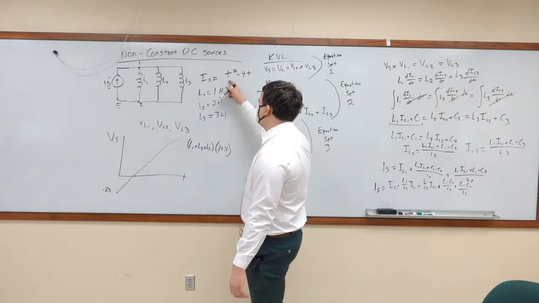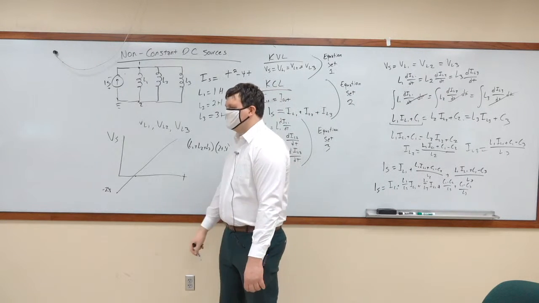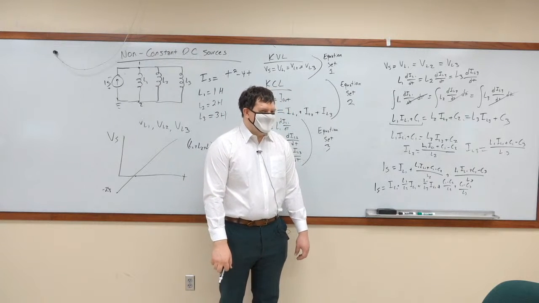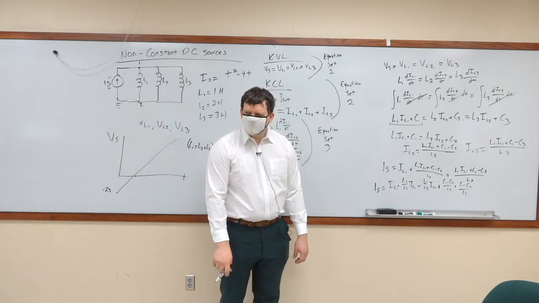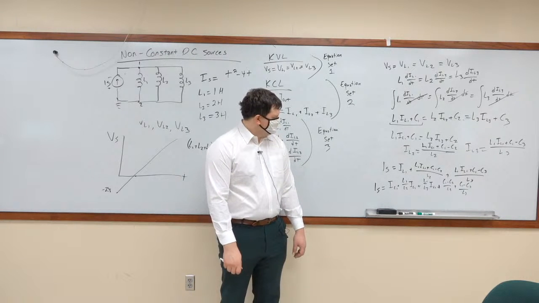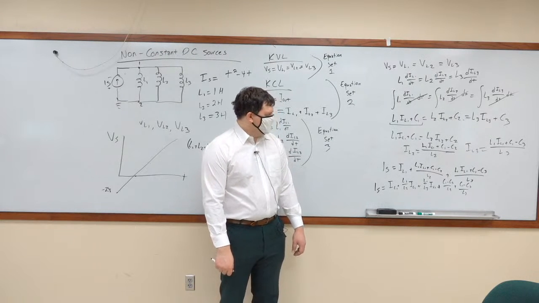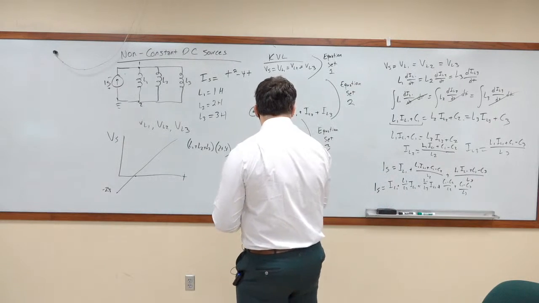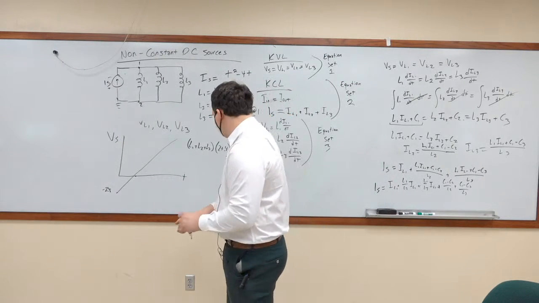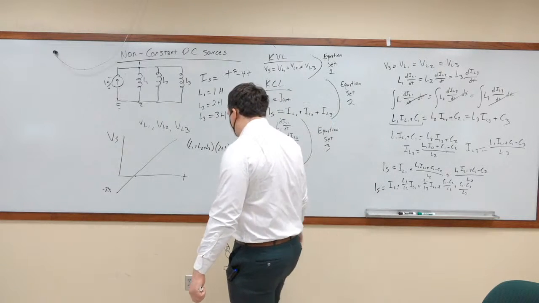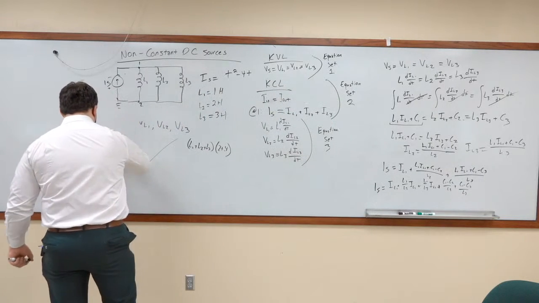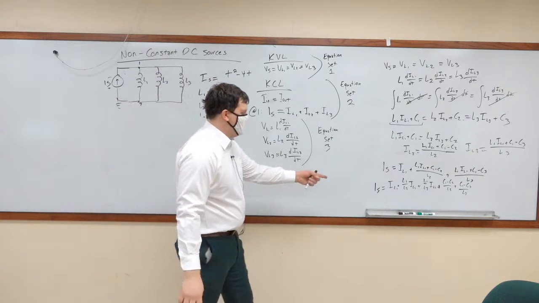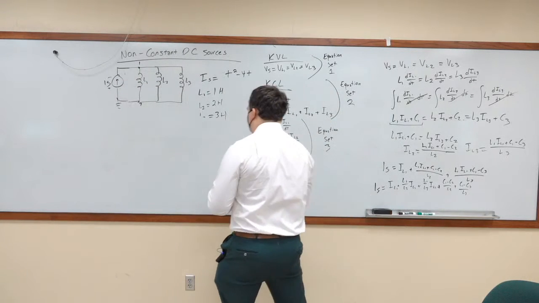Now, IS is equal to t squared minus 4t, which is a problem. Because if we compare time functions from one side to another, what we're going to end up with is, we know IL1 is going to be some function of time.